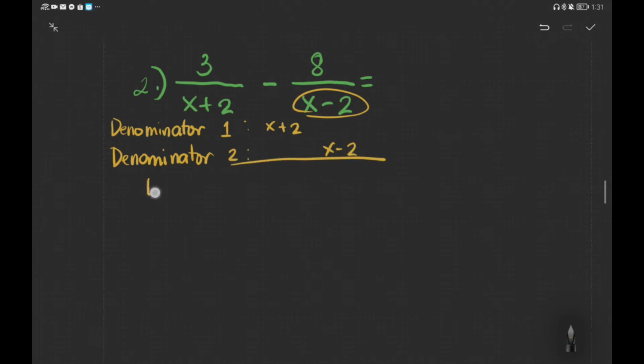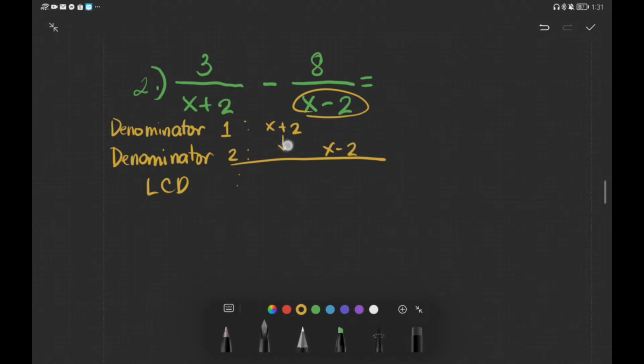So the LCD, since ang duha ka denominators kay puros binomial, lahi sila tungod sa ilang signs, ang buhaton, i-bring down lang si x plus 2 and also x minus 2. So that is our LCD.